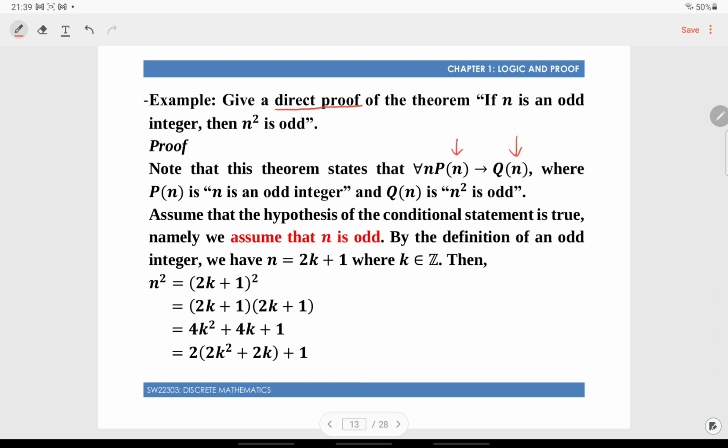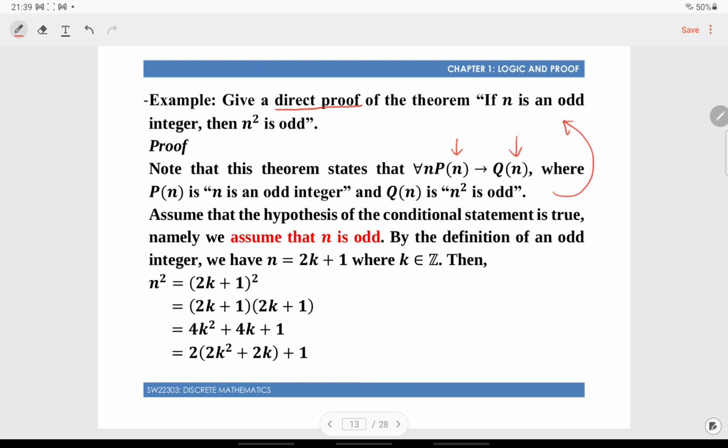For the statement P(n), it is n is an odd integer. For statement Q(n), n squared is odd. So if we combine them together in this conditional statement, it becomes: if n is an odd integer, then n squared is odd, just like the given original statement.